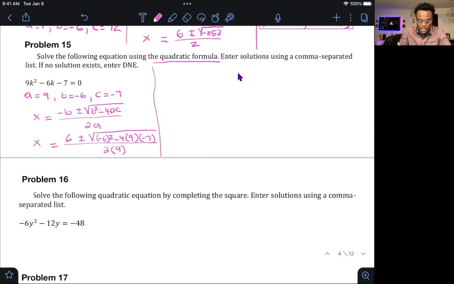Let's simplify. We will simplify the value inside of the radical.